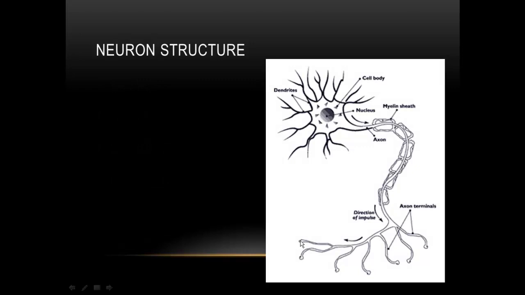Okay, let's go. So neuron structure, we need to be able to identify, label, look at, and identify the parts of. This is one neuron we're looking at, so we're going to begin here. These highly branched areas are the dendrites, looking like twigs without their leaves on. This is where the impulse begins.